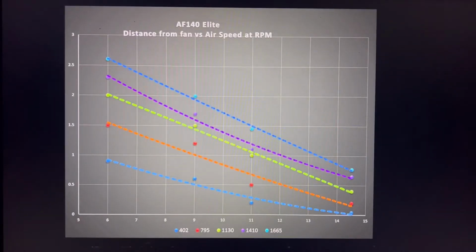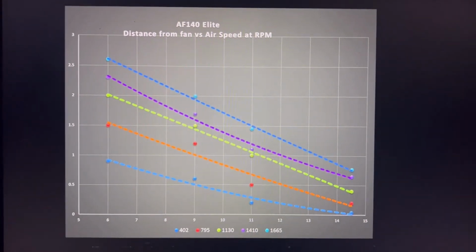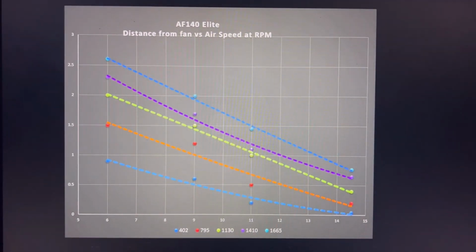Alright, this first graph is my case airflow test simulation. The simulation has 4 data points: 6 inches, 9 inches, 11 inches, and 14.5 inches. 6 inches represents a small form factor case, what you'd use in very small form factor cases, like a media center PC. 9 inches represents a small case, but more like a real tower. 11 inches represents a mid-tower, kind of like the Corsair 550D, that's an older one, or maybe a Meshify C, Meshify 2, that one from Fractal Design.